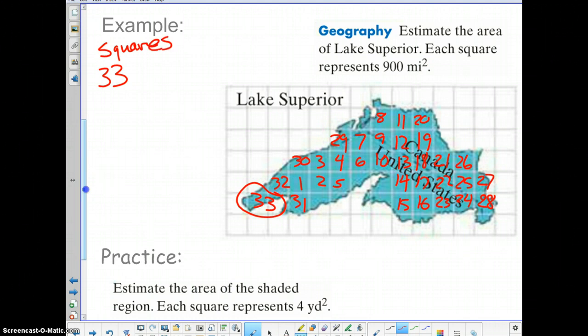33 squares, but as you can see up here in our problem, each square represents 900 square miles.